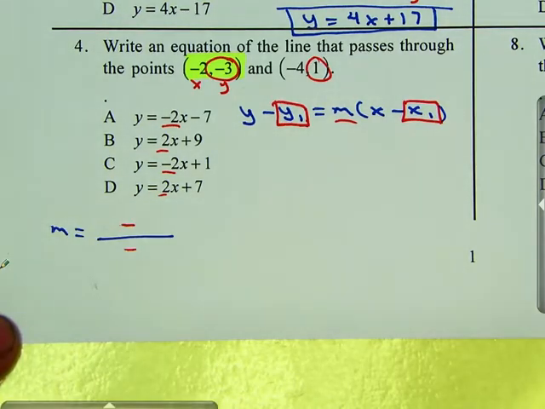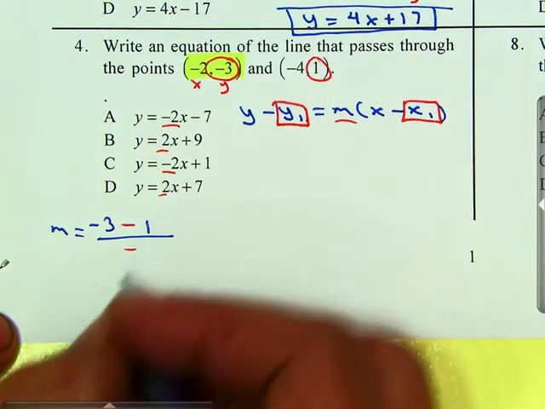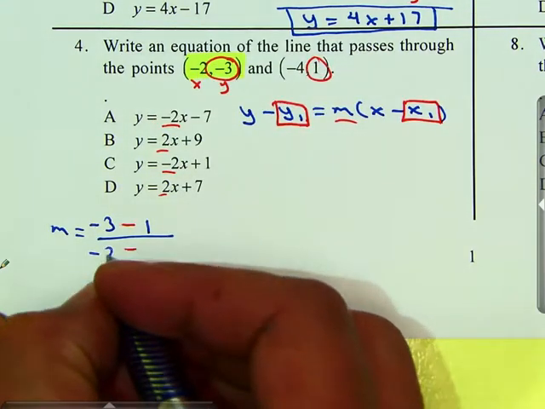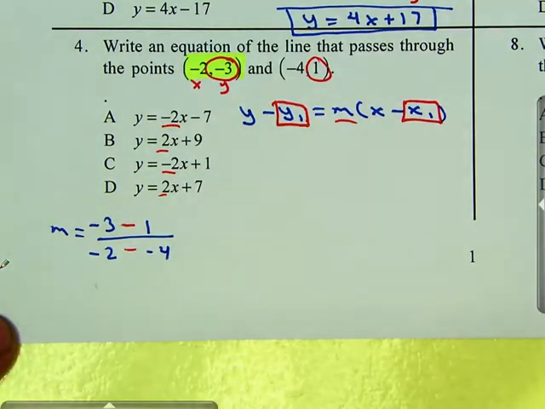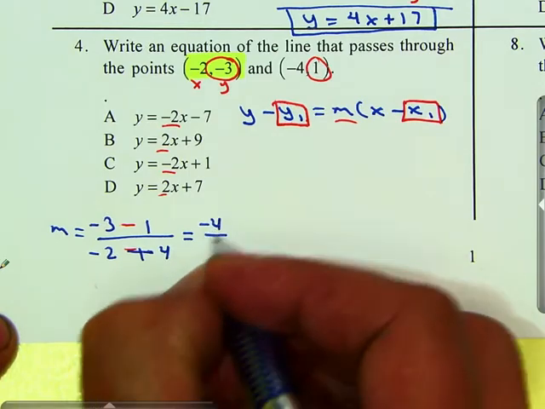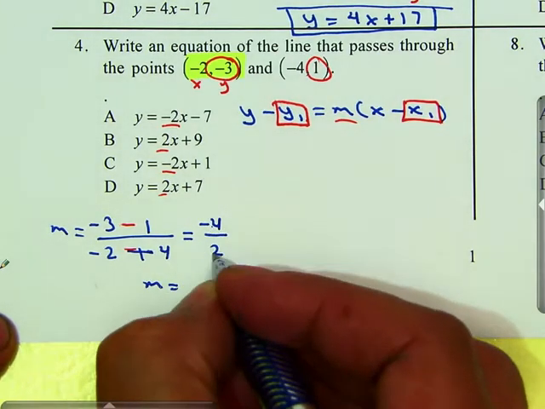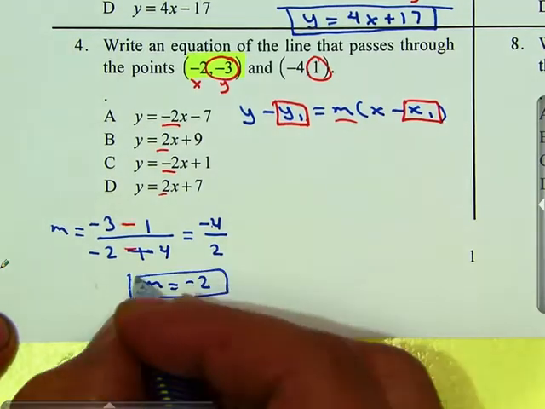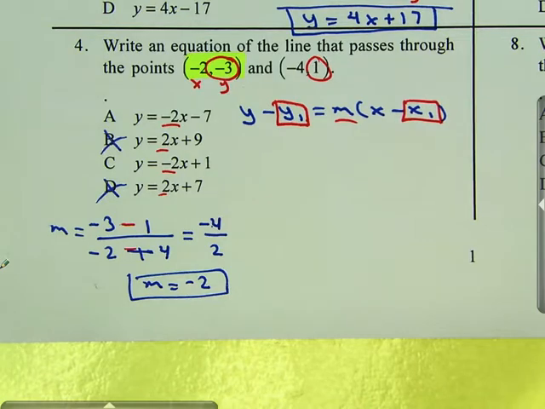You're going to subtract your y's, so it'll be negative 3 minus 1, and your x's, negative 2 minus negative 4. I see a double negative becomes a positive. Therefore, I have negative 4 over 2. So therefore, my slope, negative 4 divided by 2, is negative 2. So I know it's not D and it's not B. So it's either A or C.